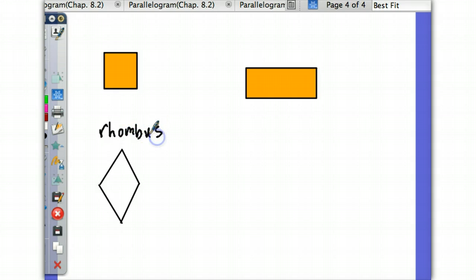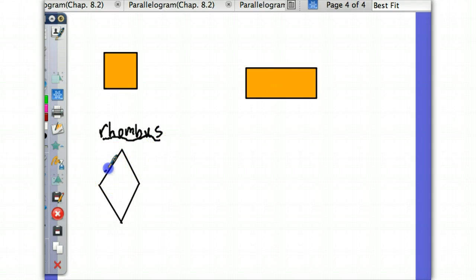Any of you know what the plural of rhombus is? Rhombuses or rhombi? Yeah, rhombus is actually rhombi properly, but anyway. As I think about rhombi, okay, all right, a rhombus is also a parallelogram.